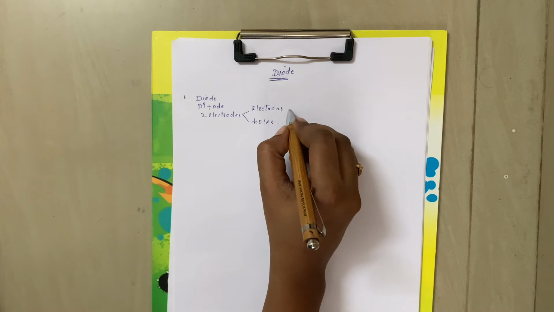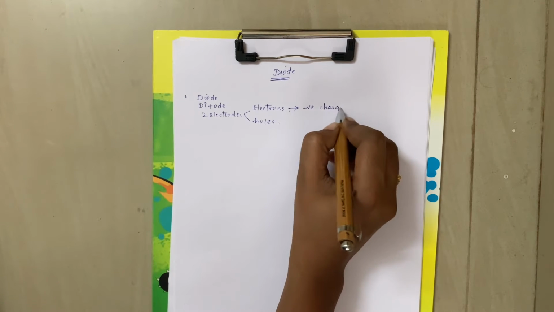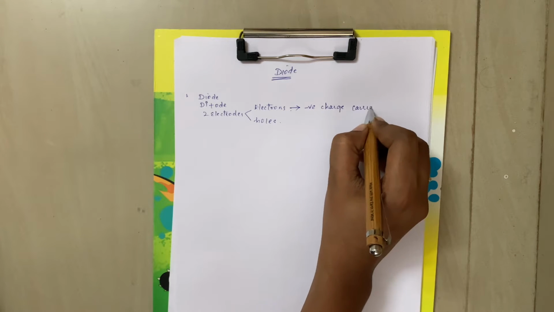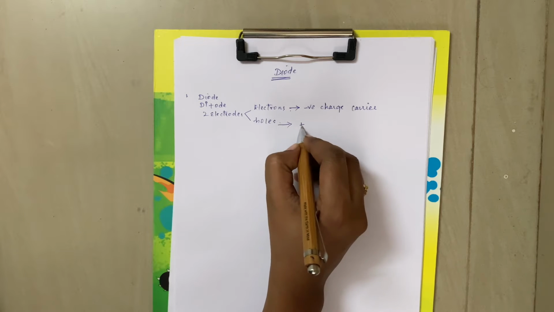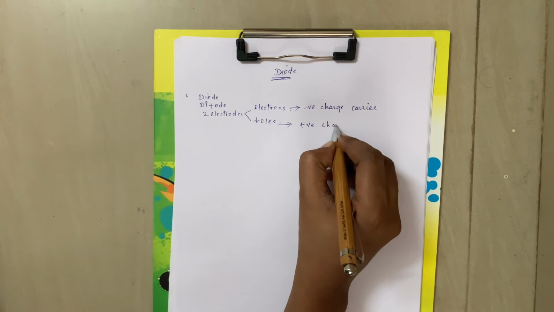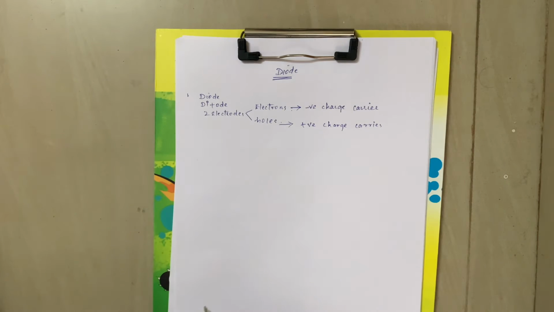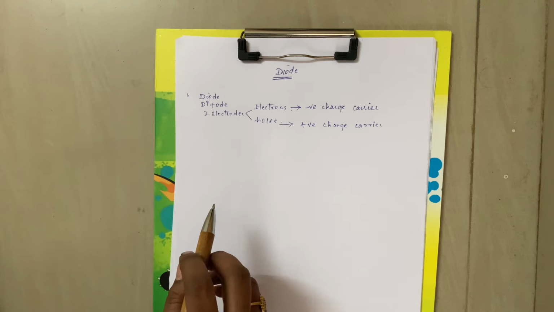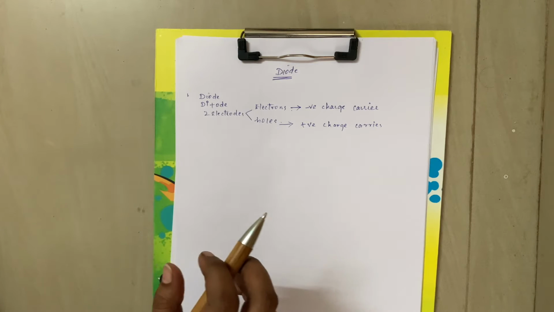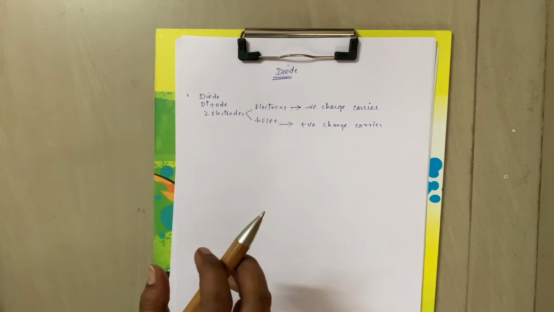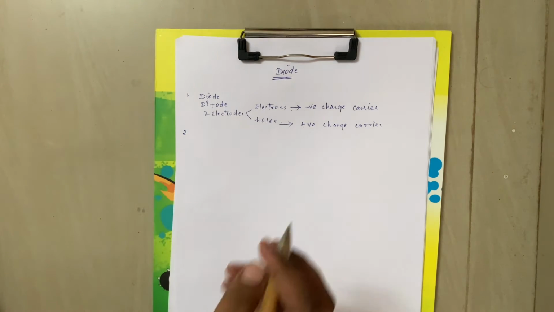These electrons are negative charge carriers, which means the electrons carry negative charge, and these holes are positive charge carriers, which means that holes carry positive charge. So a diode is simply said to have two electrodes, one is electrons and another is holes. So it has both positive and negative charge.